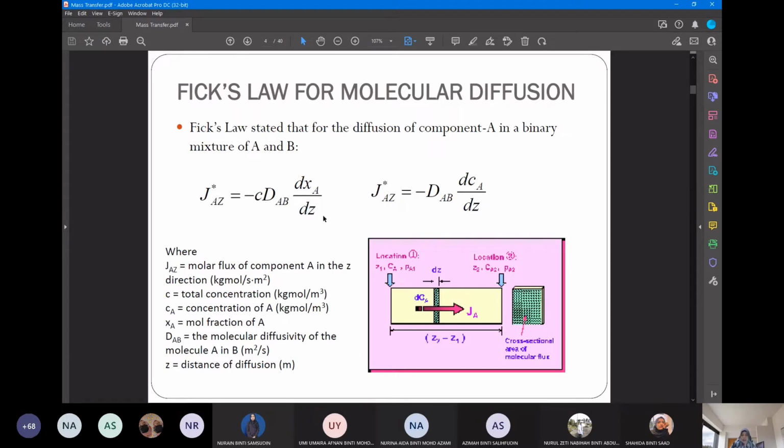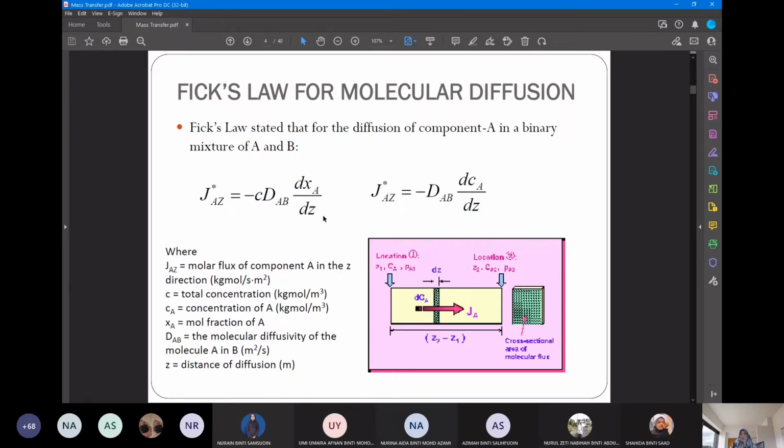The difference in distance represents final distance minus initial distance. So if the initial distance is 0 meter and the final distance is, let's say, 3 meter, therefore the difference in distance is 3 minus 0. We always have upper limit minus lower limit.